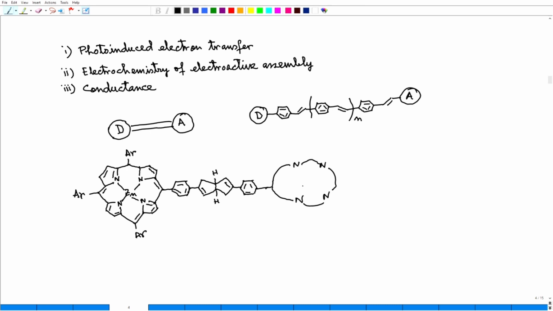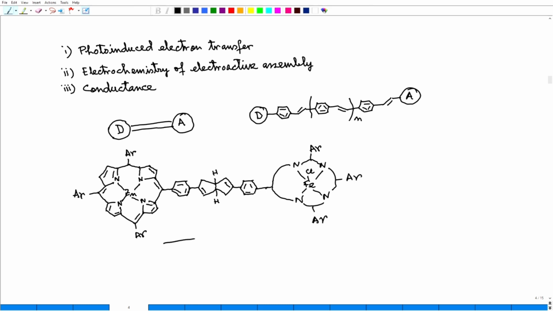Iron is bound here, chloride. Then same, like this. So, now we did that.